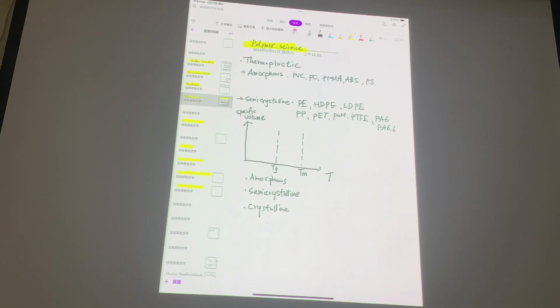Let's do the easy part first, the crystalline materials. The curve normally is, so this is red and green and purple. For red, you have a curve like this, and then it melts. For amorphous materials, it will have a Tg.